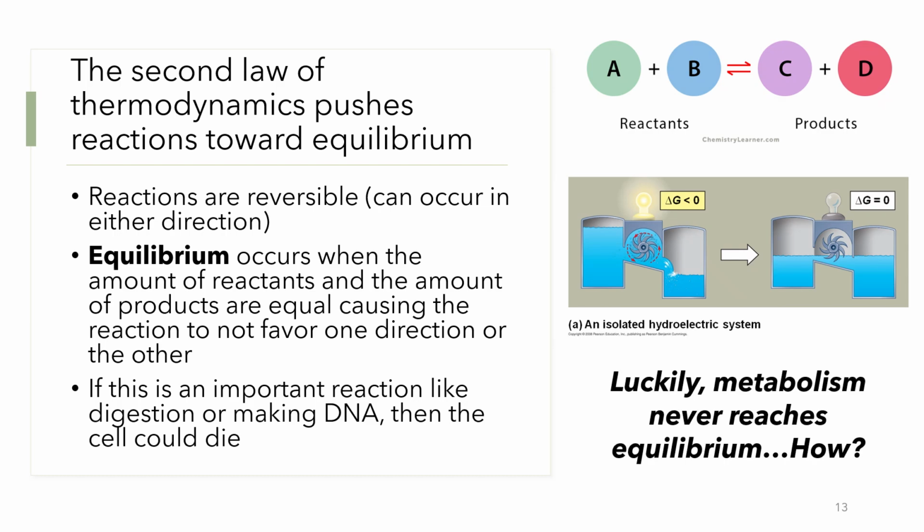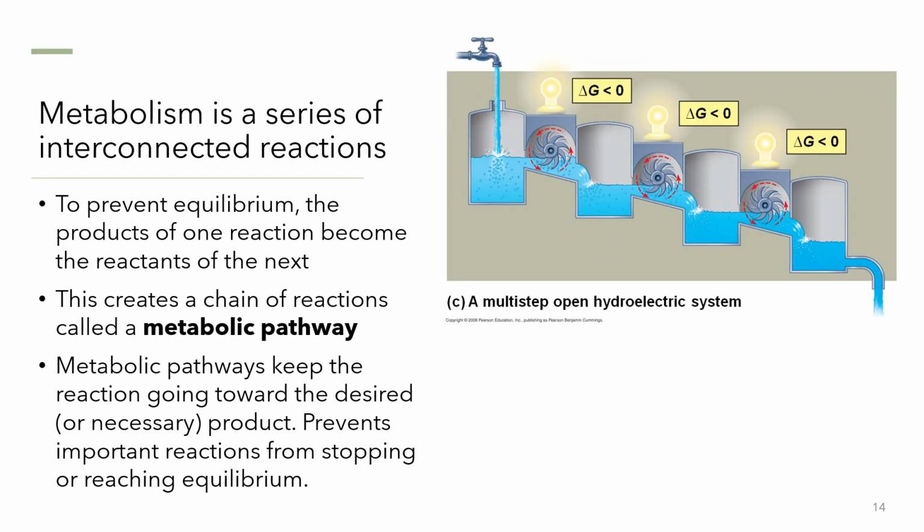We have created a way to prevent this, partially by how we're designed, but also evolution has solved this problem by breaking down reactions into smaller pieces. So let's get into that.